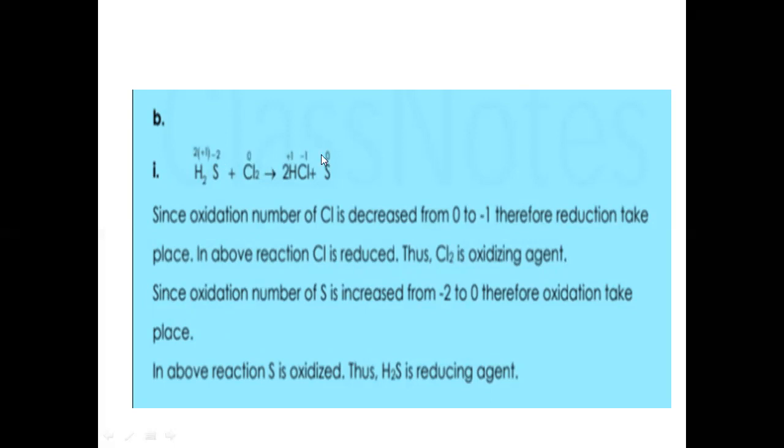So sulfur undergoes oxidation, and this whole molecule, not only sulfur. If you are going to talk about the oxidizing and reducing agent, you have to consider the complete compound. So as sulfur in hydrogen sulfide is oxidized from -2 to 0, we will say that hydrogen sulfide complete compound will act as a reducing agent.